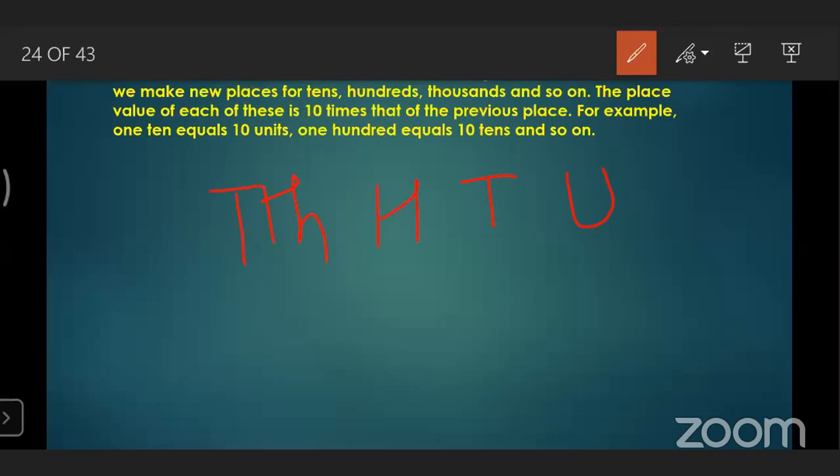Let us write one number, 4210. So 0 will come at the unit place, 1 will be at the tens place, 2 will be at the hundreds place, and 4 will be at the thousands place, right?